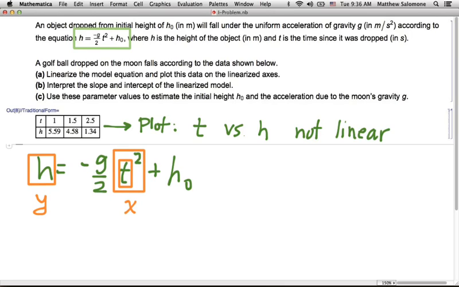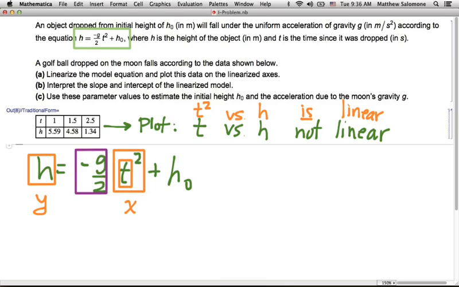So to include that square as part of the expression which defines our independent variable. And if we treat t squared and h as our independent and dependent expressions, then we do get something linear, because the model equation now fits the format y equals mx plus b.